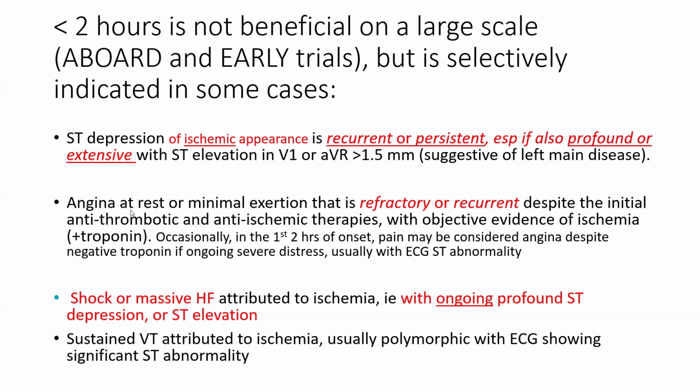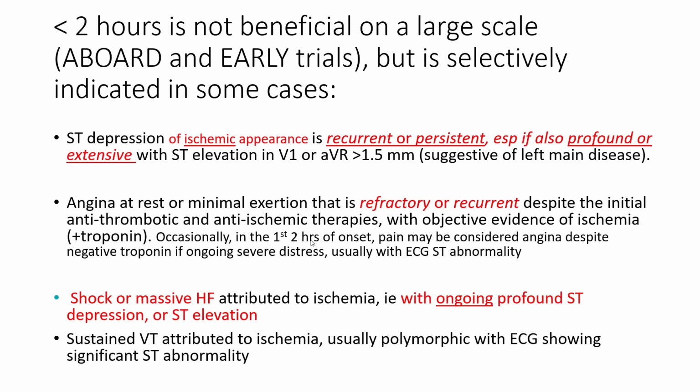The other condition is angina at rest, and that second condition here frequently coincides with the first one. Angina at rest or minimal exertion that is refractory or recurrent despite the initial antithrombotic and anti-ischemic therapy with objective evidence of ischemia, typically, like I said, with positive troponin. In order for angina at rest to be NSTEMI, you need to have positive troponin.